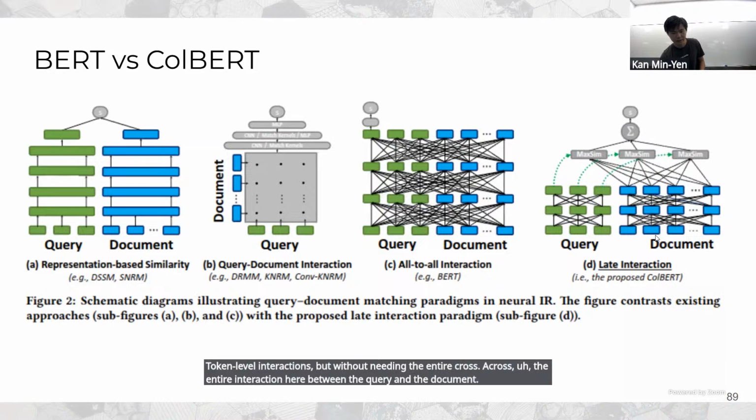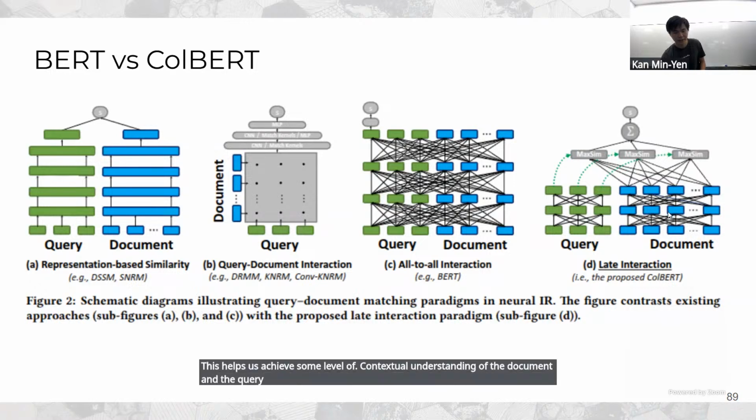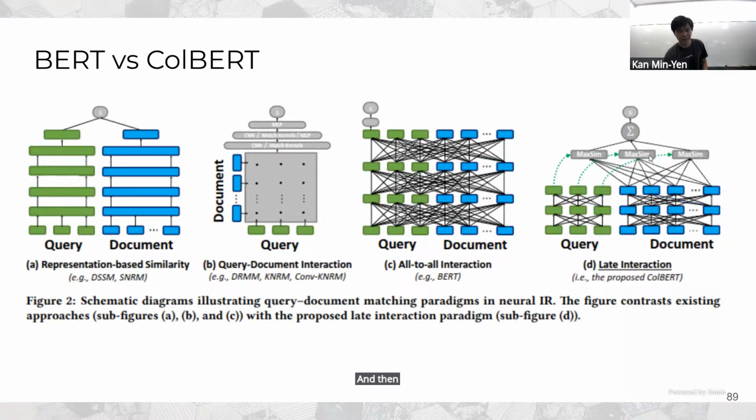So essentially, this helps us achieve some level of contextual understanding of the document and the query, but at the same time, it allows us to process the document offline, and then subsequently use a MaxSim metric to fetch the documents.